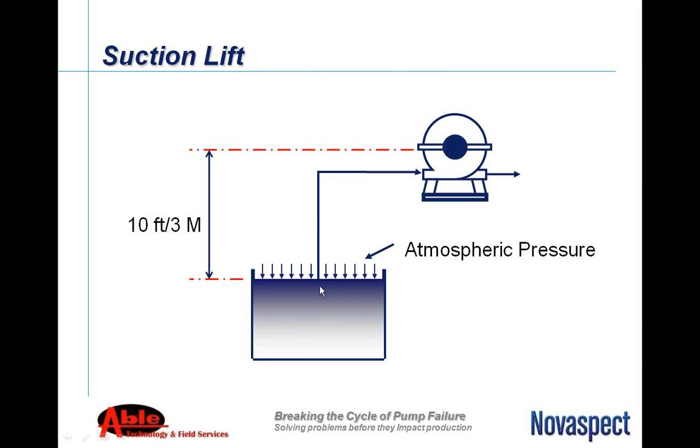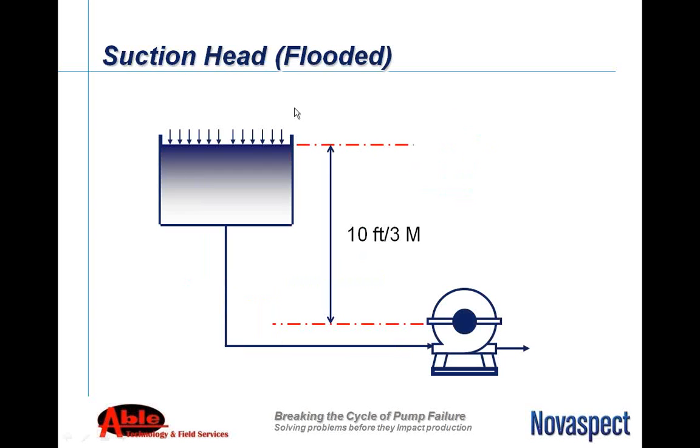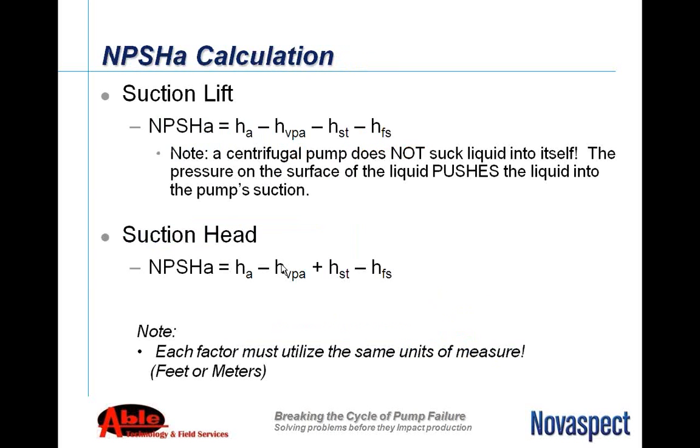If this tank is enclosed, you don't have that additional pressure put on this fluid to bring it up to the suction side of this pump. This is a flooded suction side. Now you have atmospheric pressure pushing down, plus the height down to the suction side of this pump as available. This is available, not required. We'll get into the required in a little bit.